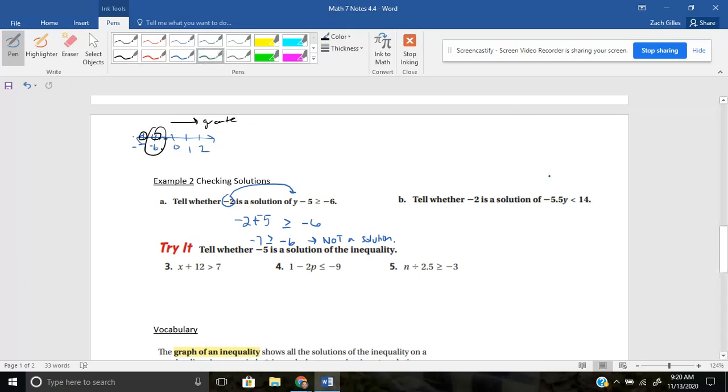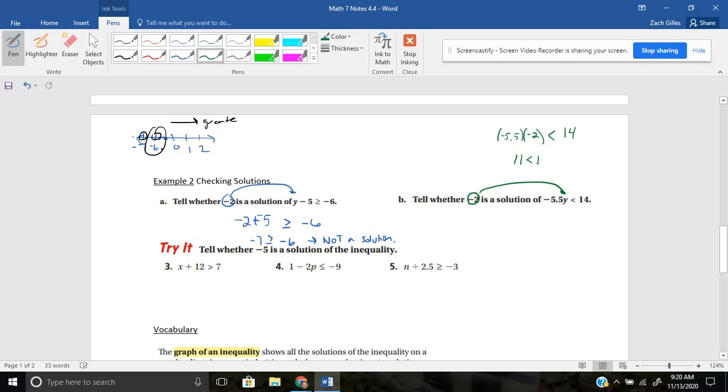You do that similar for letter B. Substitute in negative 2 for y. This says negative 5.5 times y. Okay, so that would be negative 5.5 times negative 2 is less than 14. Well, a negative times a negative is a positive. 5.5 times 2 is 11.